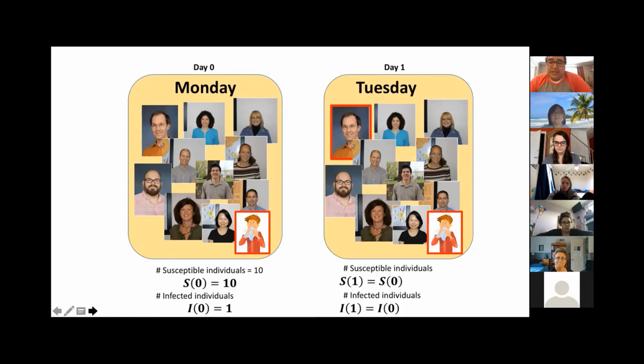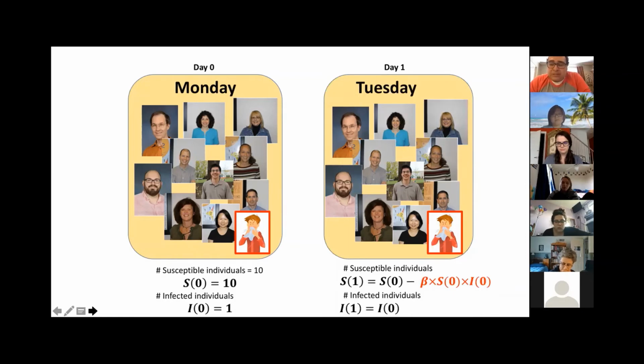It's possible that this person can only infect 1 individual on day 1, or maybe they can infect 2 individuals, or perhaps they could infect 4 individuals at day 1. But if this were to happen, then the total number of susceptible individuals would be reduced. So to express that mathematically, we're going to have to subtract from the original number of individuals on day 0 the total number of individuals that were infected.